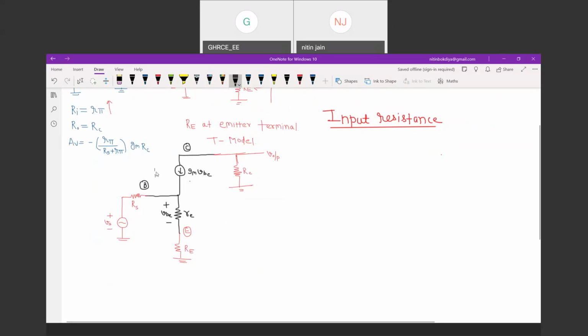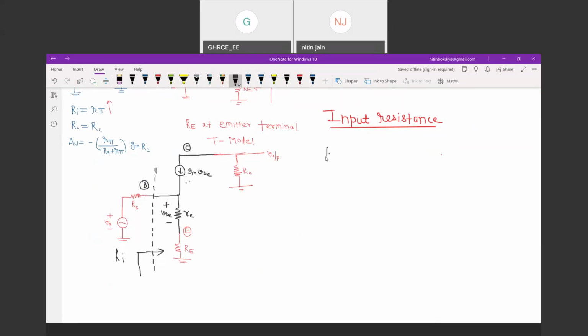This resistance is known as input resistance, है ना. सप्लाई को हटा के जो रेजिस्टेंस देखेंगे हम, that is input resistance Ri. अब सप्लाई को हटा के कितना रेजिस्टेंस दिखता है, this is very important. तो जरा देखिए, the ratio of input voltage and input current is known as input resistance. What is input current? ये सबसे इंपॉर्टेंट बात है कि जो सोर्स सप्लाई करेगा, that current is input current.